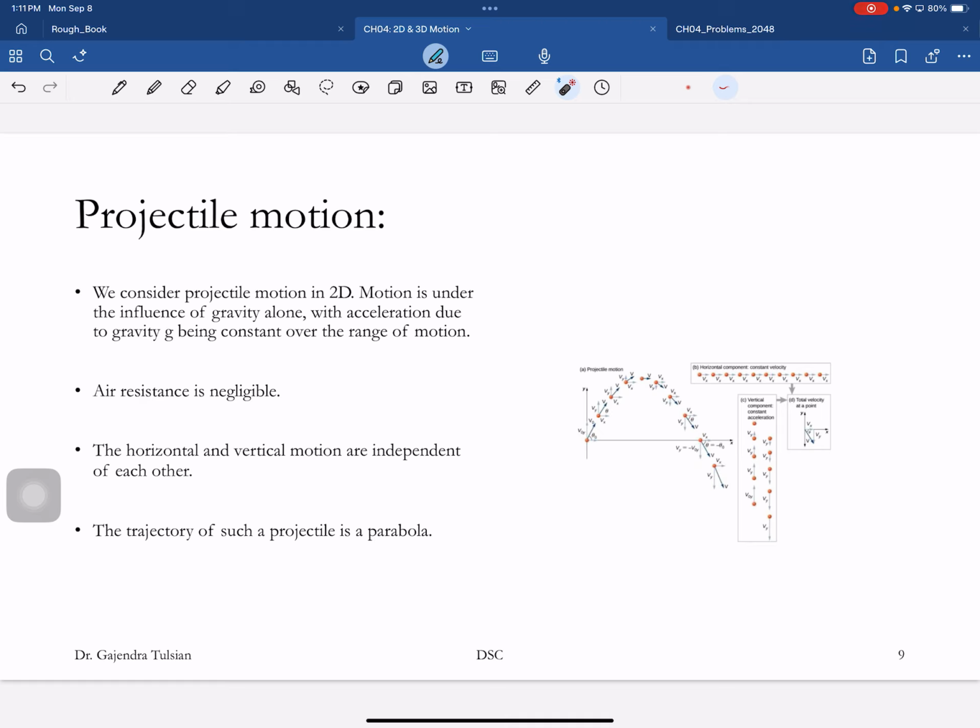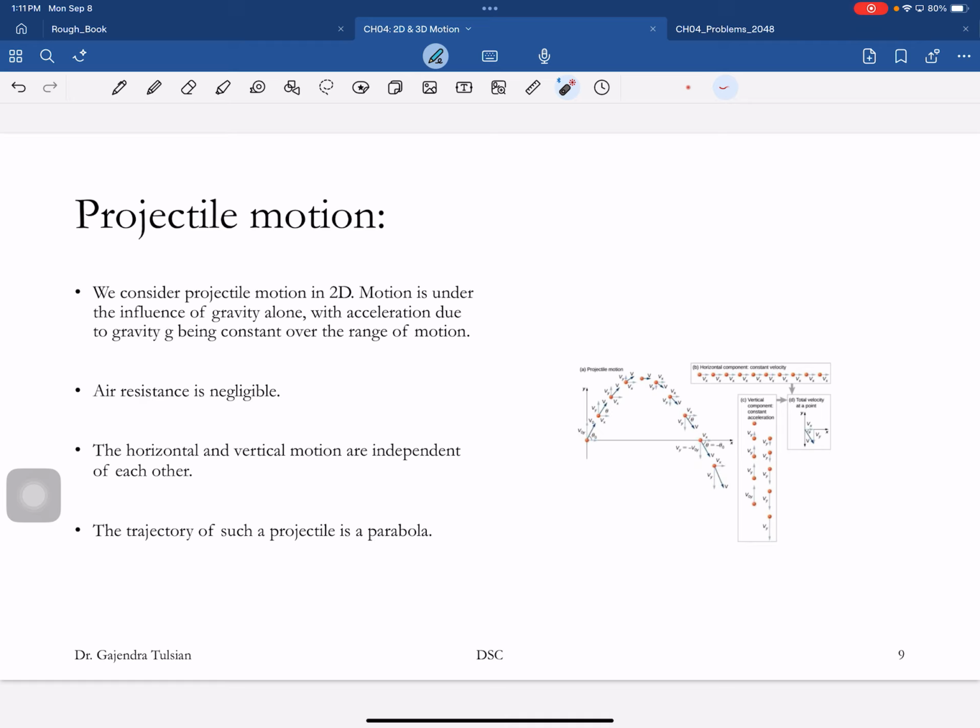So when we do a new topic, what is it that we do? We keep it as simple as possible. So now we want to study a motion where only one force is involved. What was the difference between these two?